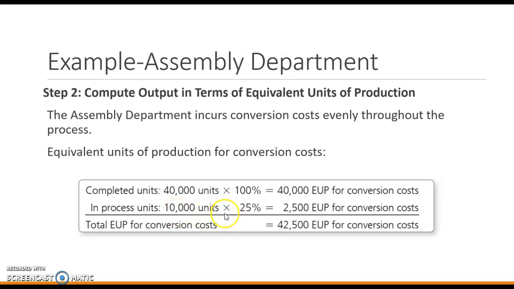So 10,000 times 25% is 2,500 equivalent units. I add these up and I get a grand total of 42,500 equivalent units for conversion costs. What this means is that if I would have only put in costs for those things I could complete, I would have had 42,500 completed units.